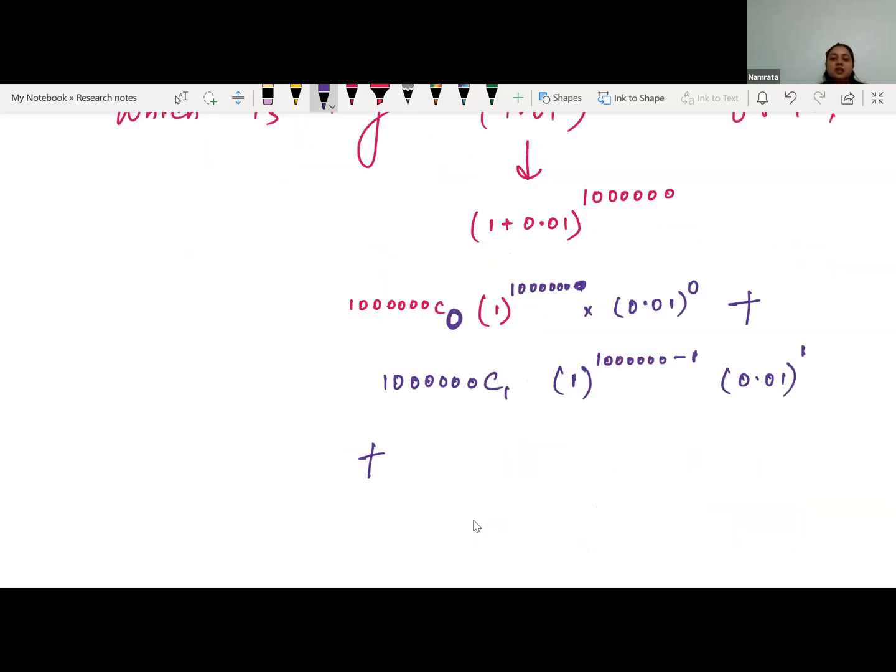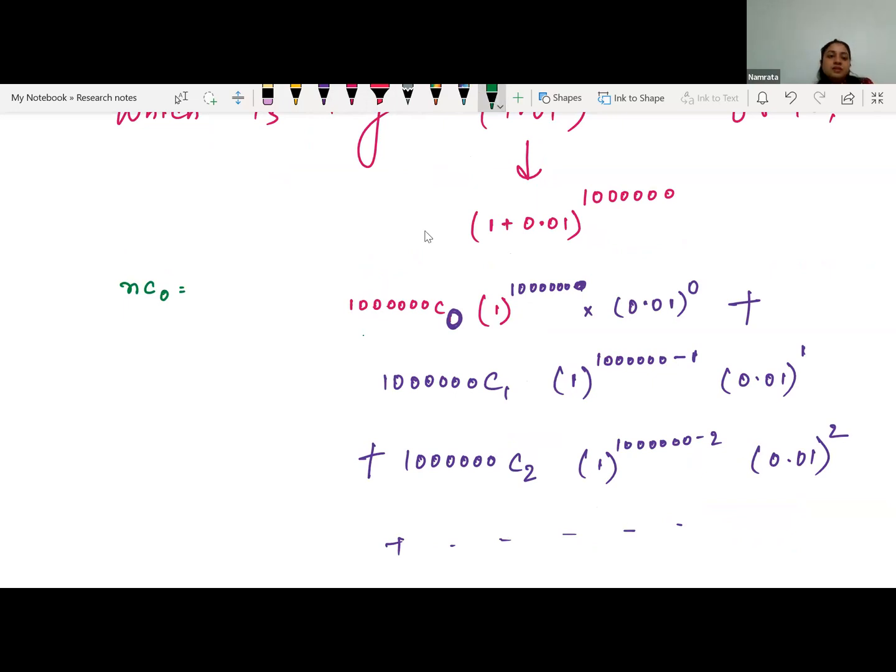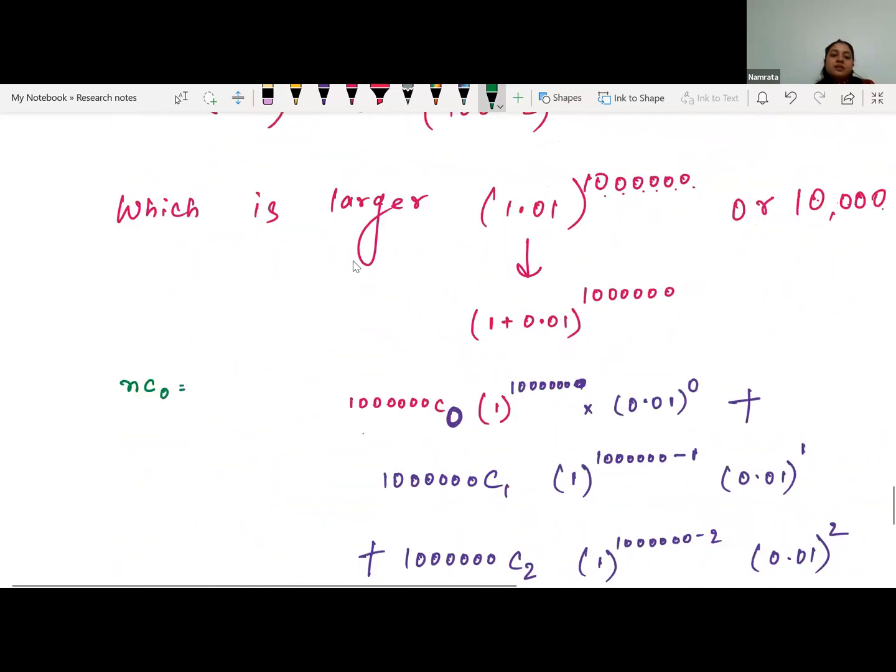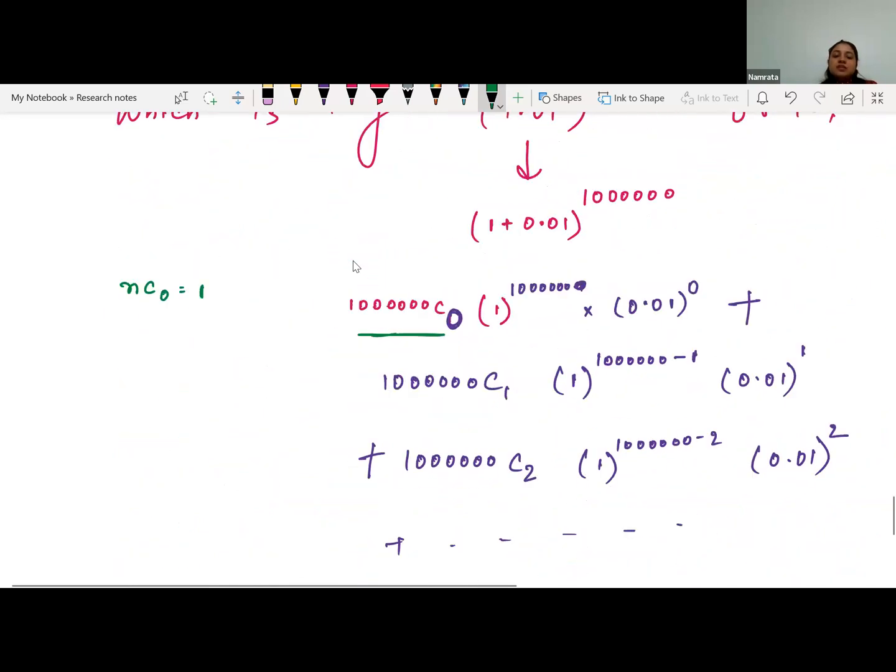The next term is nC2, 1 to the power n minus 2, and 0.01 to the power 2. Like this, it will keep on going. Now, if we solve at least up to this many terms, I told you that nC0 will always be 1. So this will be 1, right?